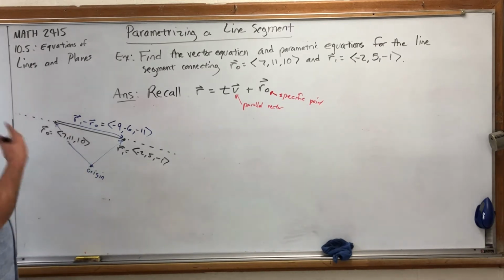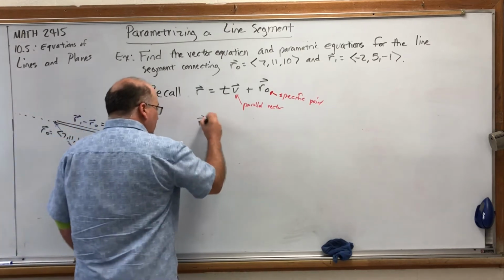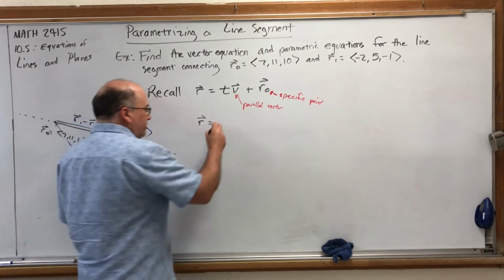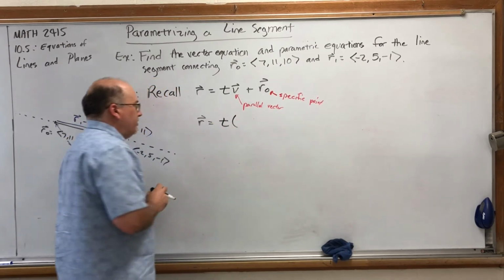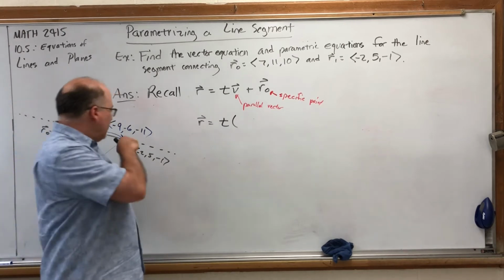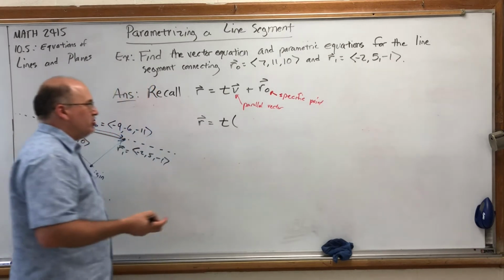So what does this mean? This means that we can write this equation as r is equal to t times this, because that's our parallel vector to the line, <-9, -6, -11>. You know what? Let's do this generically first.